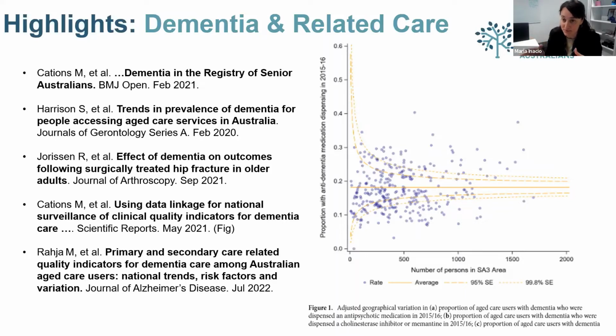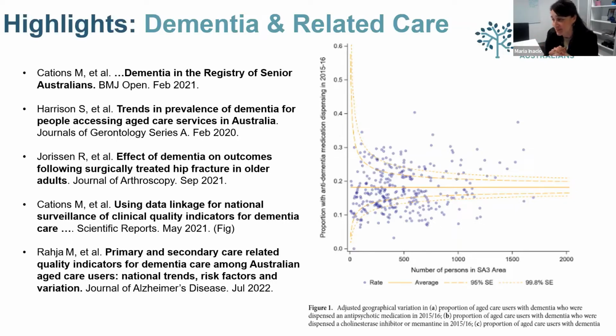And what we've done through this work is show that, again, this information can be used to measure and to try to understand national practices in regards to a lot of the care that people with dementia get when they're in the setting, but also that there is a lot of variation. And that's what this figure here, for example, shows you. This is the adjusted proportion of people receiving a cholinesterase inhibitor, I can't ever say that word, or memantine in 2015 by aged care users, sorry, not just aged care residents.